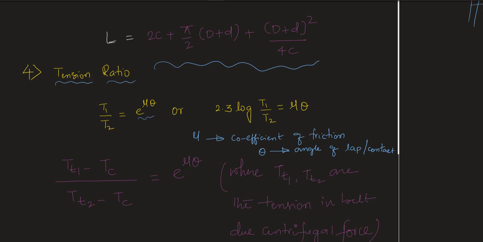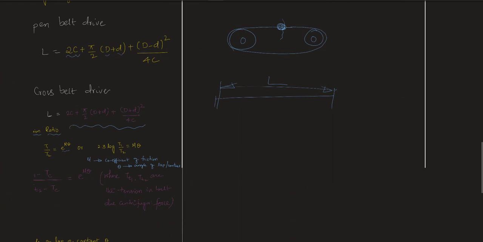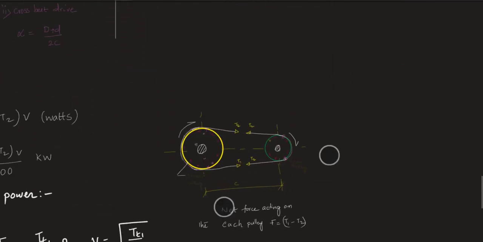So T1 by T2 equals e to the power of mu theta. What are T1 and T2? Tension on the tight side and tension on the slack side.